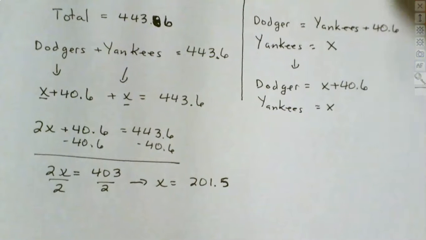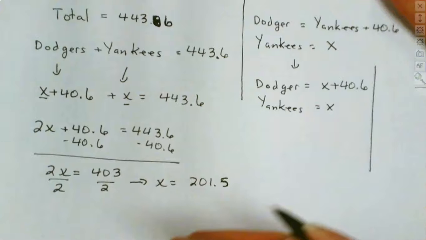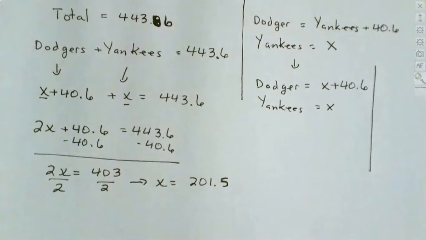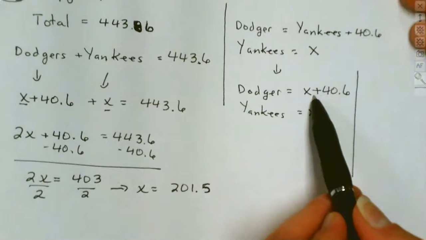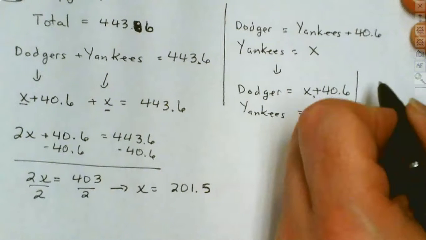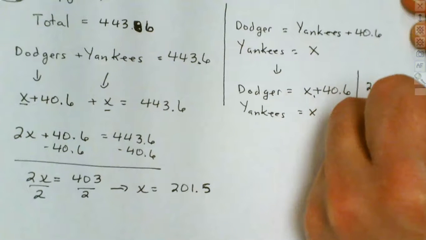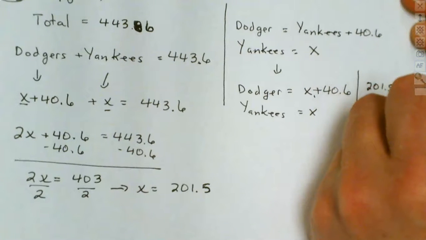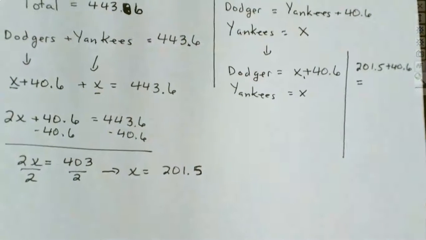Now make sure we answer the question. So what do we want? We want to find both their salaries. So starting over here with the Dodgers. How much did the Dodgers make? Well, the Dodgers made X plus 40.6. So that's going to be 201.5 plus your 40.6.